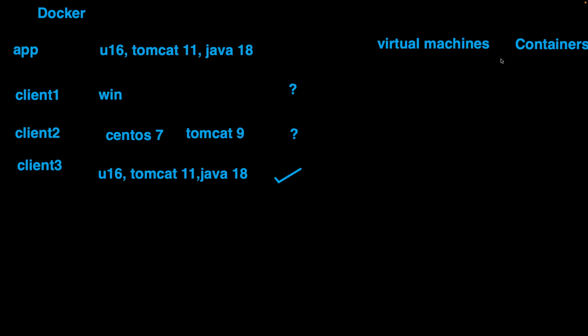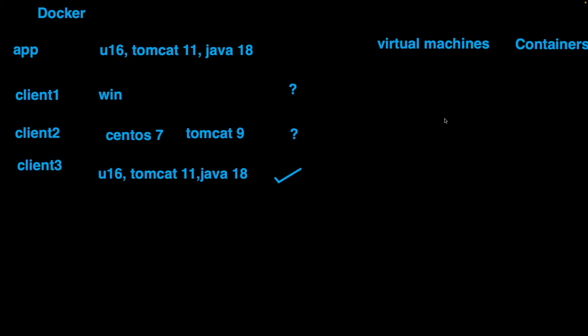Containers also do the same. You can create an Ubuntu container, put Tomcat 11 and Java 18 in it, and share the container. But what is the difference? When both solve the problem, how are they different, and which solution should be opted for?